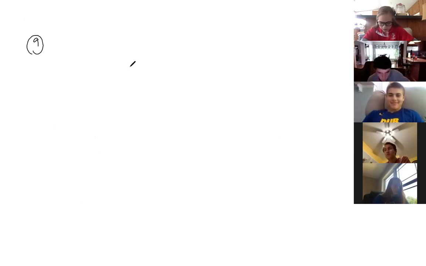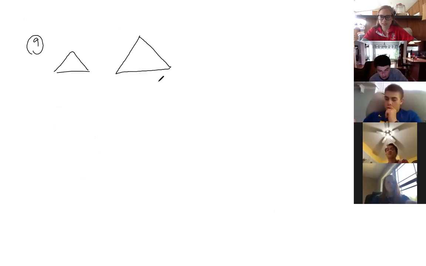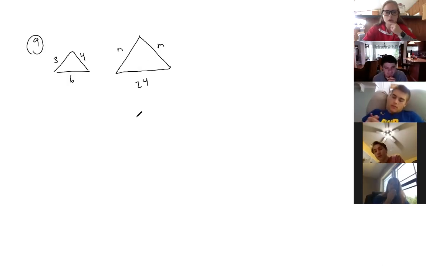All right, given that the figures are similar, find the length of the side. So we've got 2 triangles that are similar to one another. So 3, 6, and 4, n, m, and 24. So there are 2 unknown values that we have to find, so we can set up proportions here.